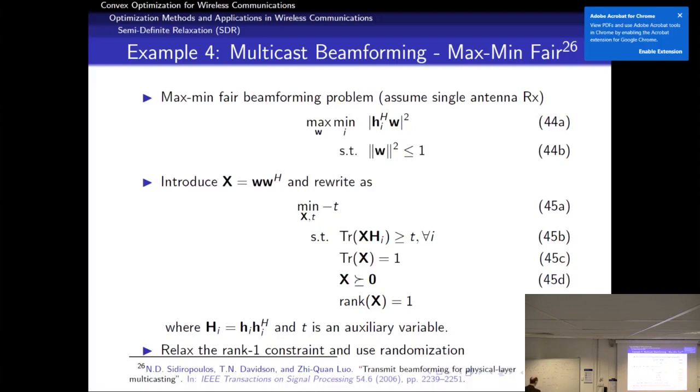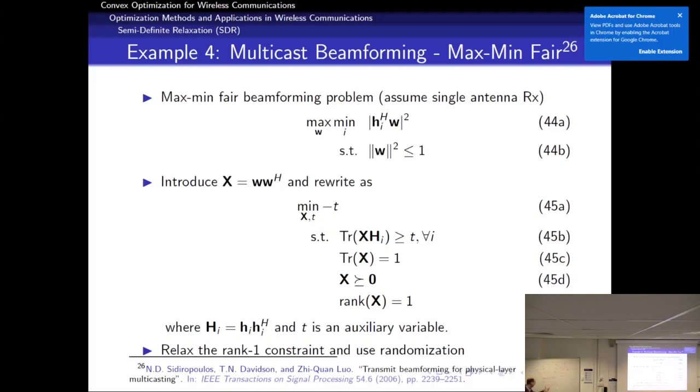Now this one, I can write equivalently as maximize over t, and obviously I have the w there everywhere, right? Maximize over t, subject to, what is the minimum? I can say this is |h_i Hermitian w| squared has to be larger than or equal to t for all i.